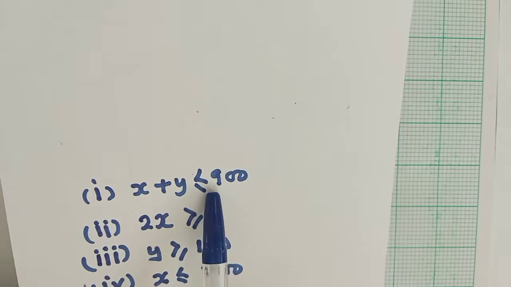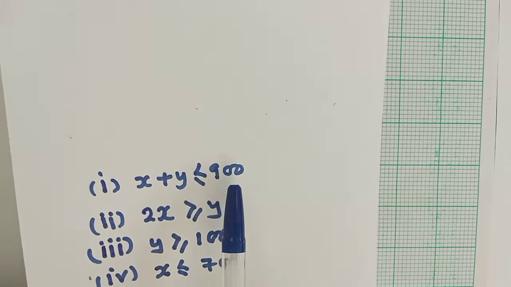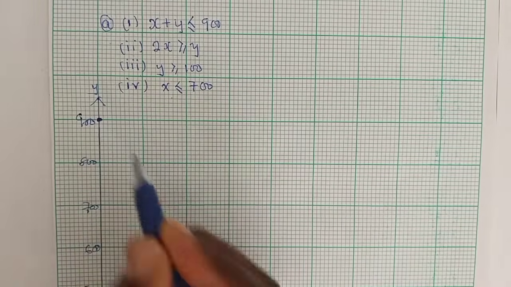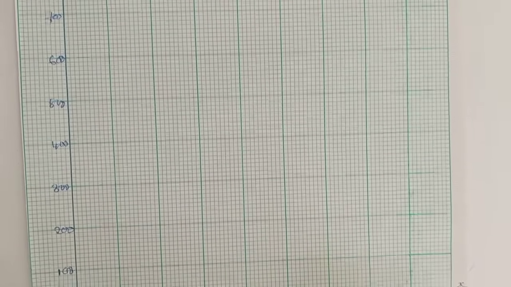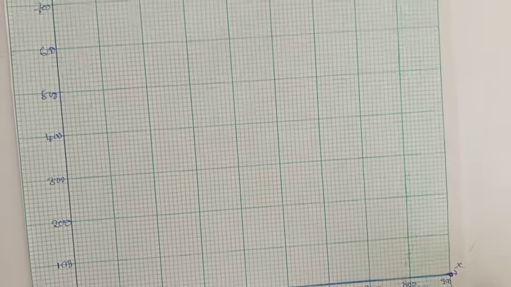For this one, you just pass on both axes at 900. So we go to the y-axis at 900, this is where the line will pass. On the x-axis, it also passes at 900. Where is the 900? It's right here.